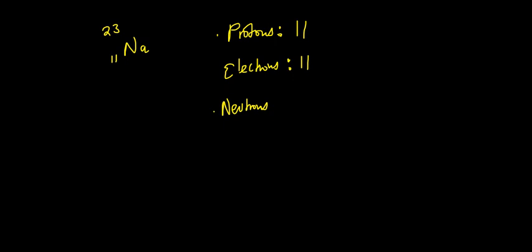Therefore, to get the number of neutrons, it will simply be 23 minus 11, and that is going to give us a 12. So let's write the electron configuration of sodium. What is electron configuration?